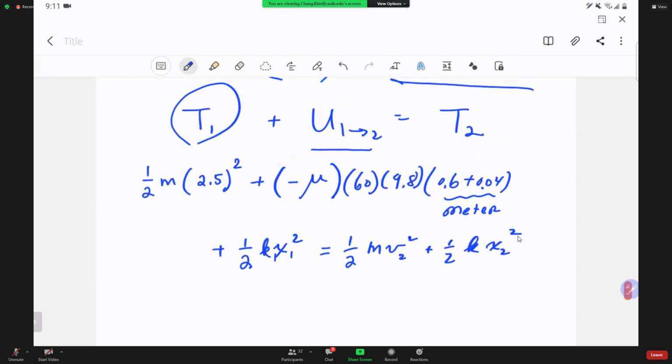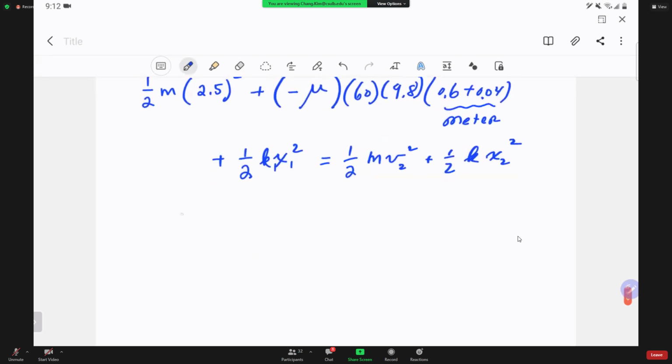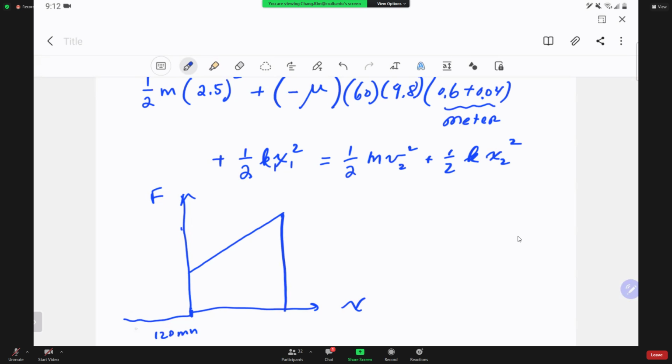So when you look at the springs, it's going to have a load graph like this. Initially the spring is compressed up to 120 millimeters, and then it deforms from here to here by another 40 millimeters, so actually this is at the 160 mark.